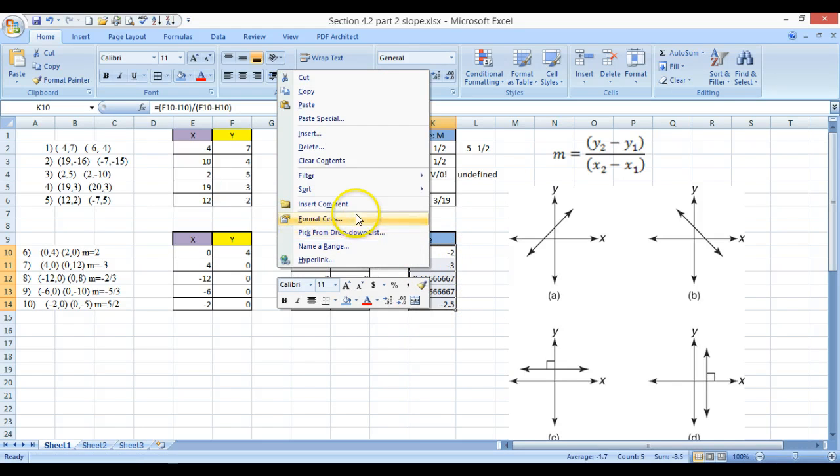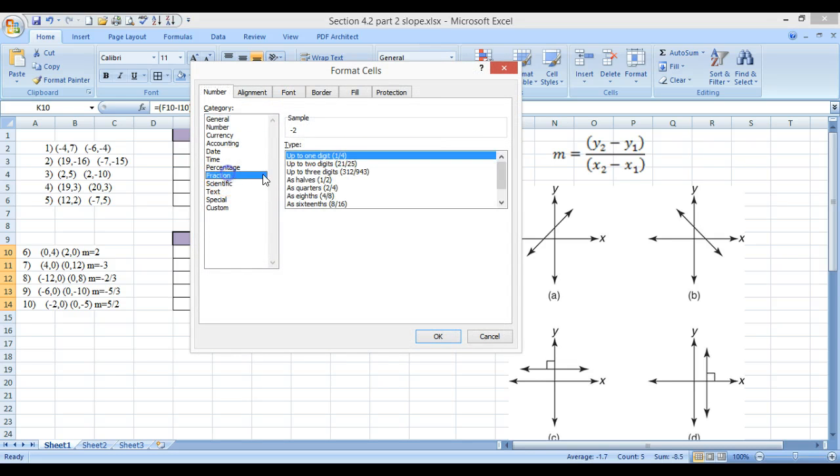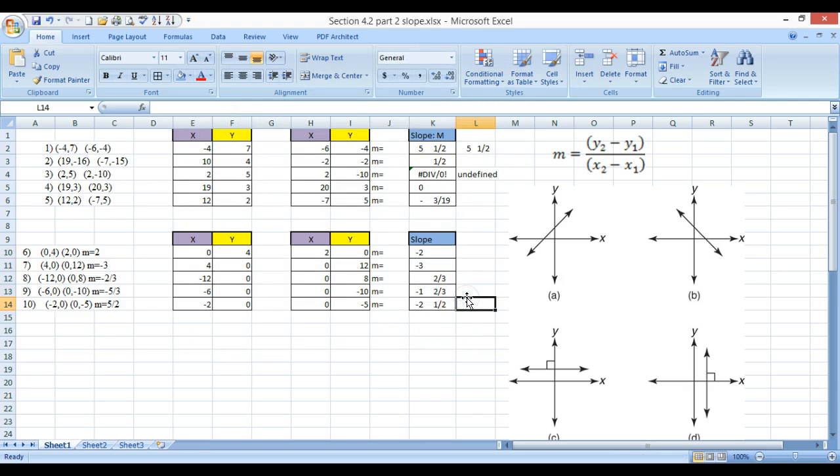Again, go back and format as a fraction, and there we go. And so when you write these ones down, you'll want to change those back to the improper fraction by multiplying bottom times the whole number at the top. So 2 times 2 is 4, plus 1 is 5, so this is 5 halves, and so forth.